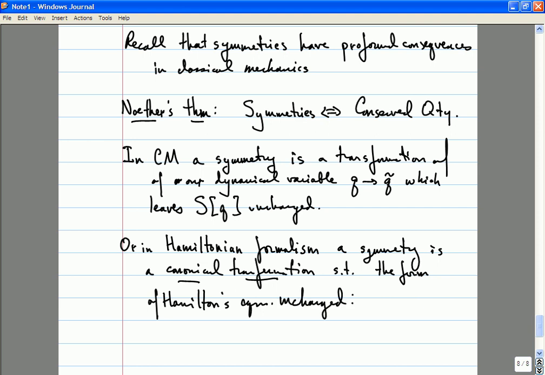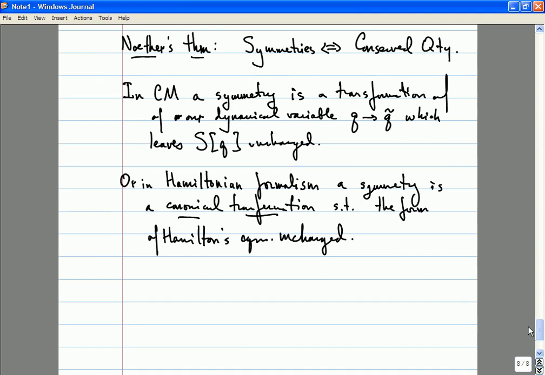So let me remind you exactly what that means. Recall that a canonical transformation is a change of variables in phase space.